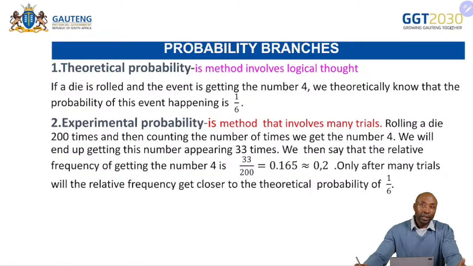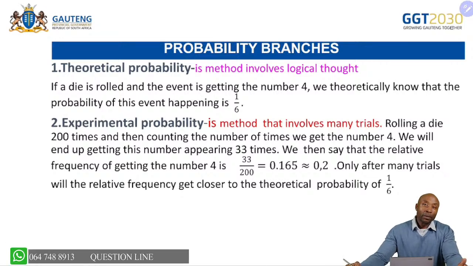So I'm saying theoretically, for example, if I roll a dice 200 times and I get 4 33 times, it means the experimental probability is going to be 33, the number of times that I'm obtaining a 4, over the number of trials that I've made, which is 200, and that will give us a probability of 0.165, and approximately to 1 decimal place it will give us 0.2.